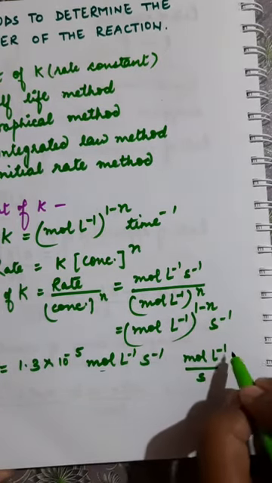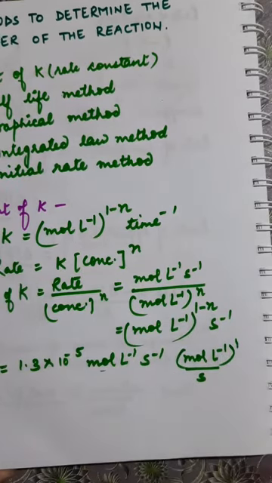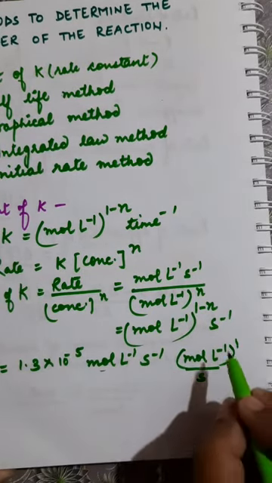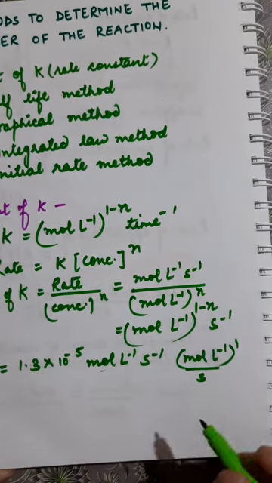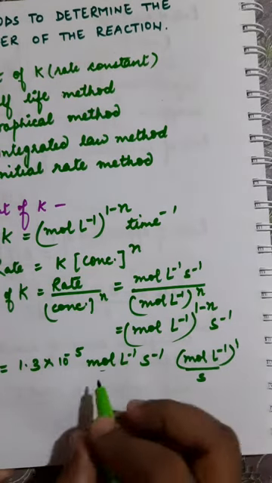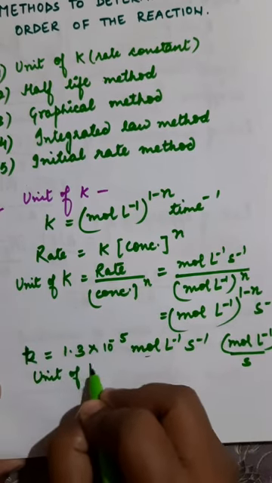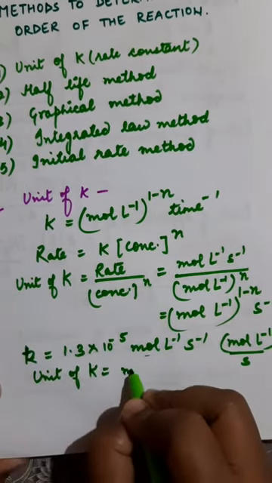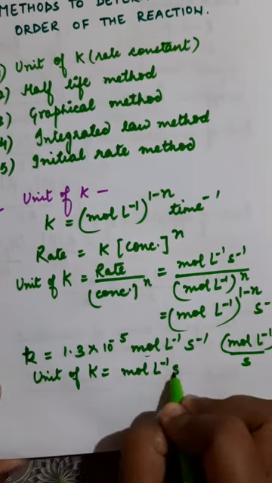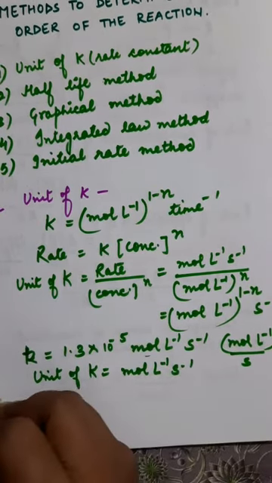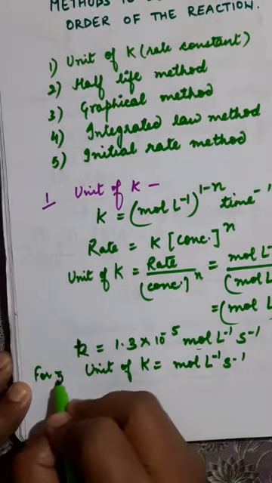Clear? Now we can compare by this. It is mole per liter to the power 1. 1 minus n is equal to 1. So what will be the value of n? It will be 0. So the unit of K for 0 order reaction is mole per liter per second for 0 order.